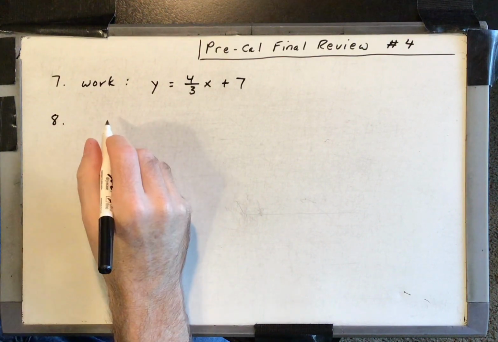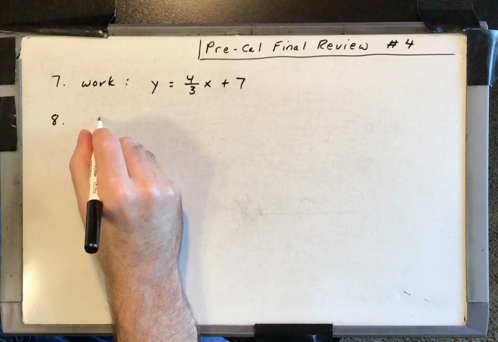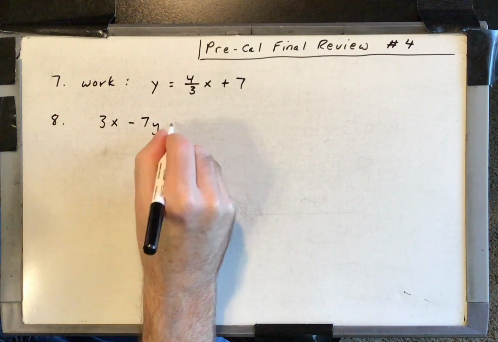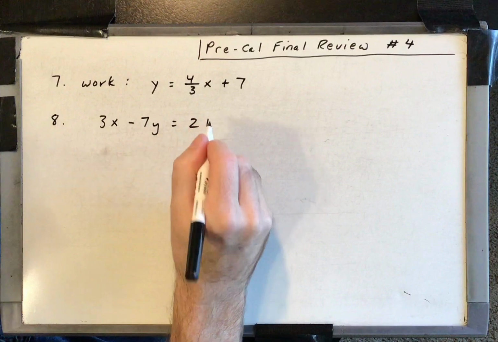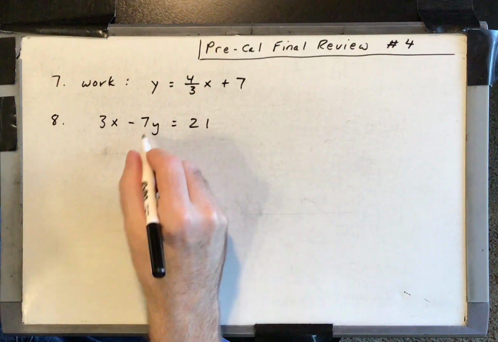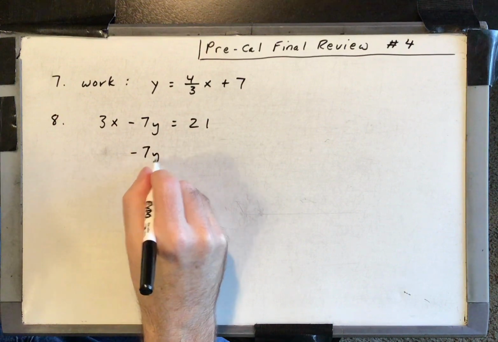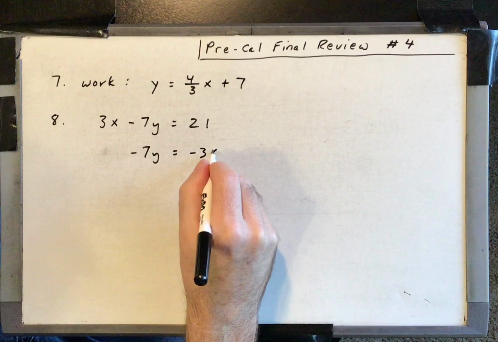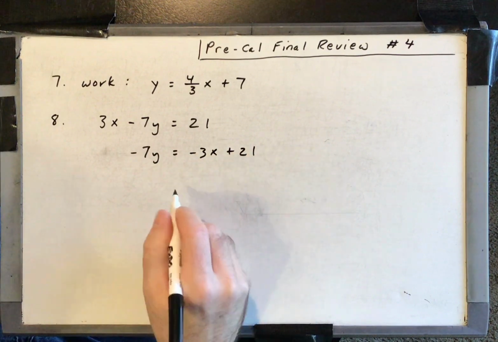All right, number 8, we want to find the slope and y-intercept. 3x minus 7y is equal to 21. To find the slope and y-intercept, we just want to solve for y. -7y, let's move that 3x over to the right, -3x plus 21.